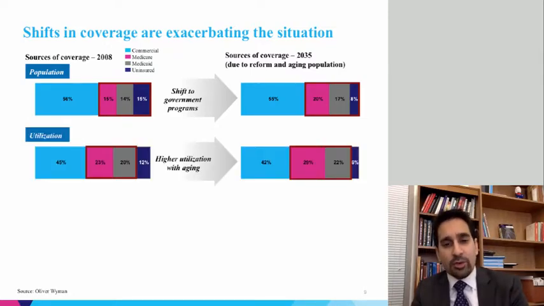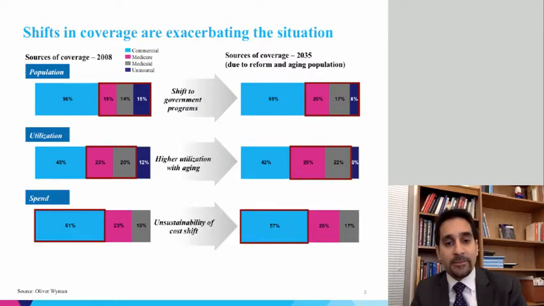But the utilization profile looks different because the older populations and the poorer populations access care with higher frequency than the wealthier commercially insured populations. So if you look at the utilization that's covered by government payers, it'll increase from 43%, the combination of Medicare and Medicaid in 2008, to 51% as that combination in 2035.